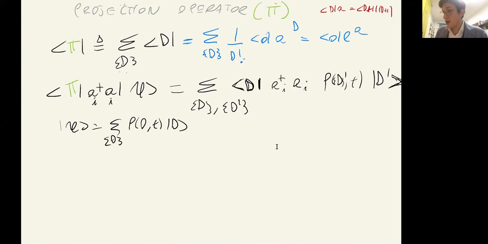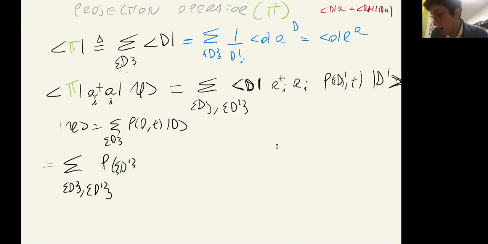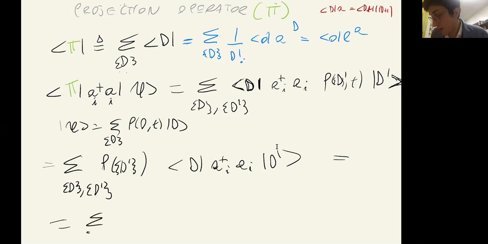So let's first compute here. We can rewrite it in this very simple way: the sum over all d prime. We can take p of d prime out, and we have to compute d a dagger i a i d prime. This will just give you the sum over d prime of p of d prime. Again, if you remember, first you lower by 1, then you raise by 1, and that just brings a factor d i.